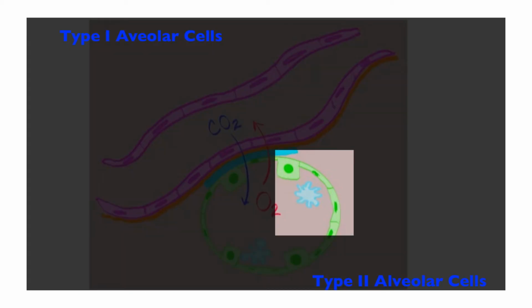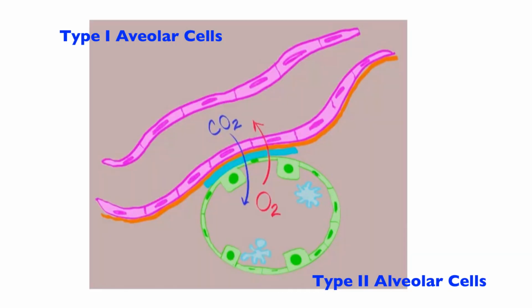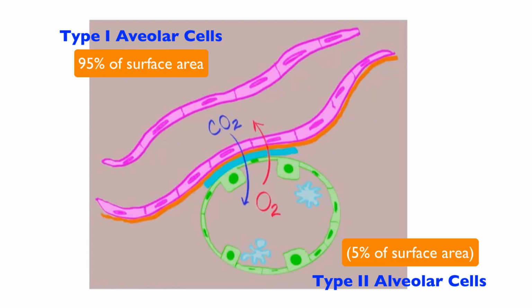Now, one thing that is not correctly reflected in this image is the type 2 cells are much, much smaller than the type 1 cells. I have the type 2 cells large there just so we can see them and differentiate them from the type 1. But the cuboidal cells only occupy 5% of the total surface area of the alveolus, whereas 95% of it is made up of the type 1 squamous cells.